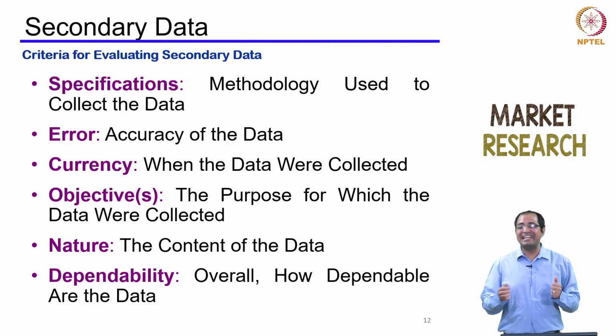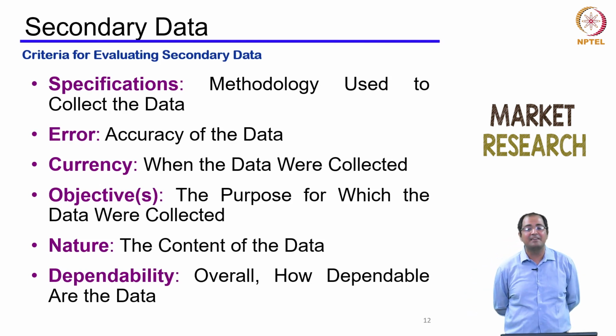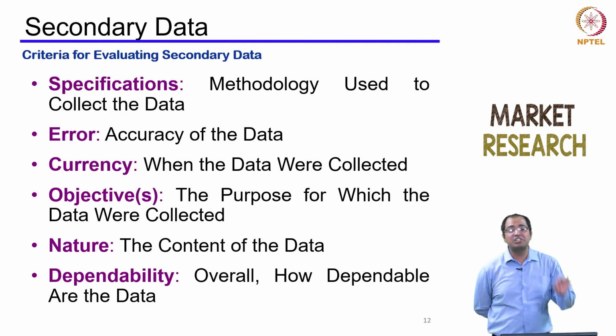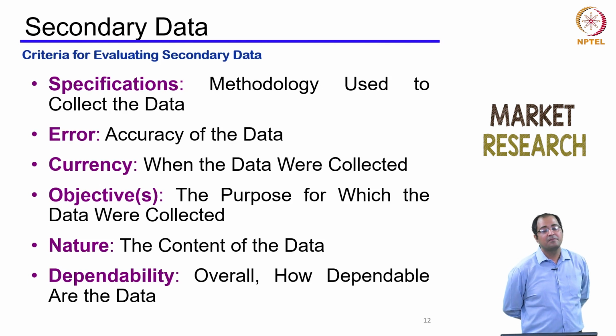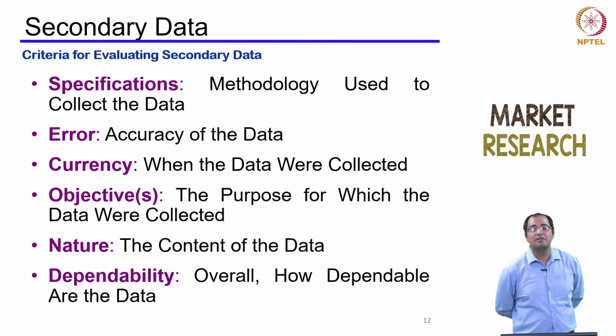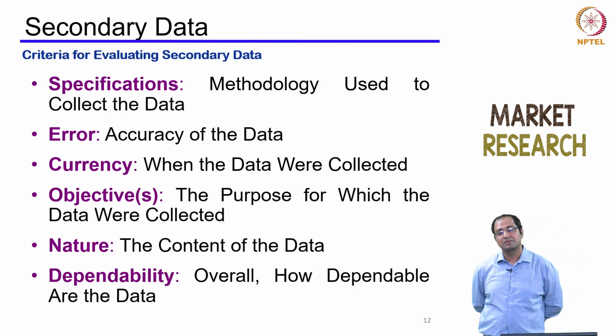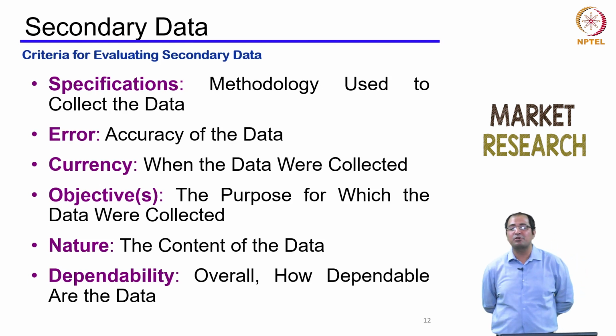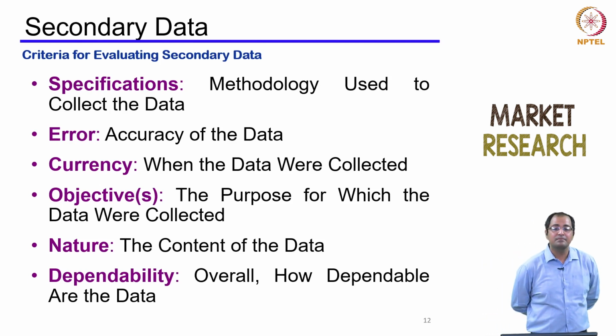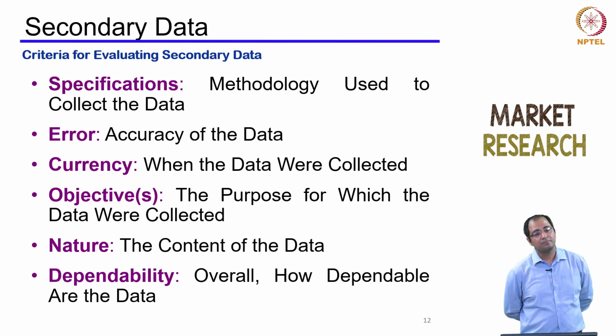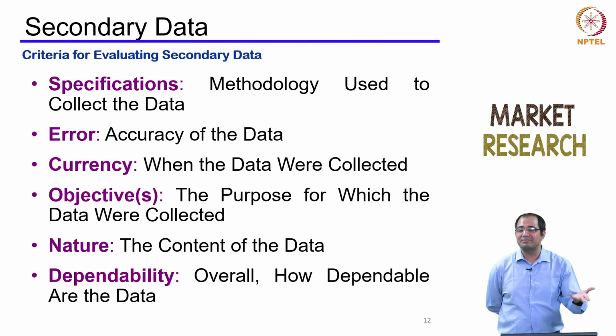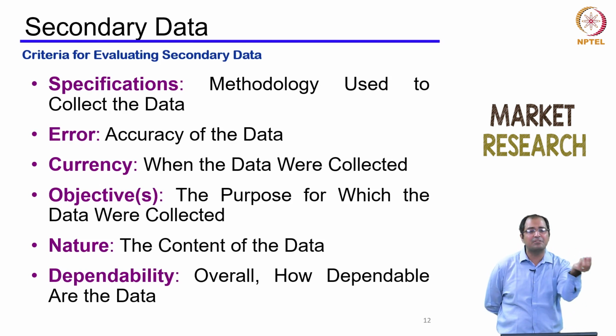The last one is dependability. How dependable is the data? Which means look at the source, whether the source is credible, whether you can rely on that data. So whenever you are looking at some secondary data, just look at where the source is.